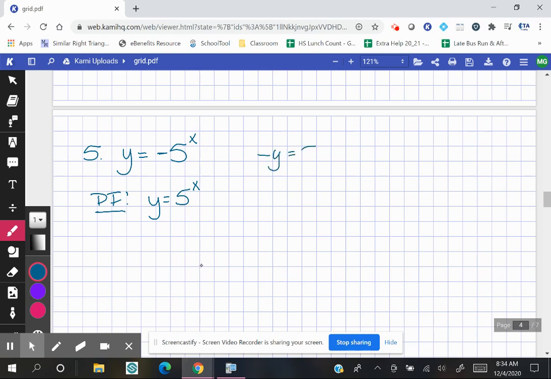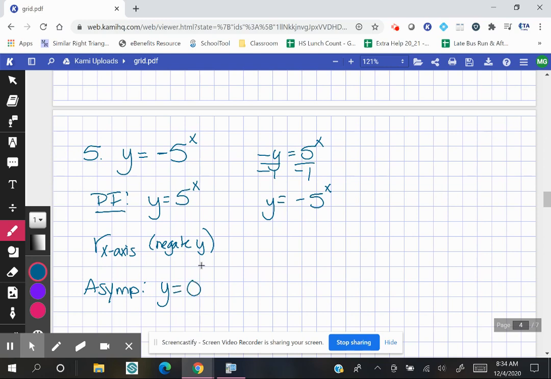So if you had something like this, then you would divide both sides by -1, and you get y equals -5 to the x. So if the y is negated, then that tells us that we're reflecting over the x-axis because we negated y. And our asymptote, we don't have any vertical shift here, so that will just be y equals 0.